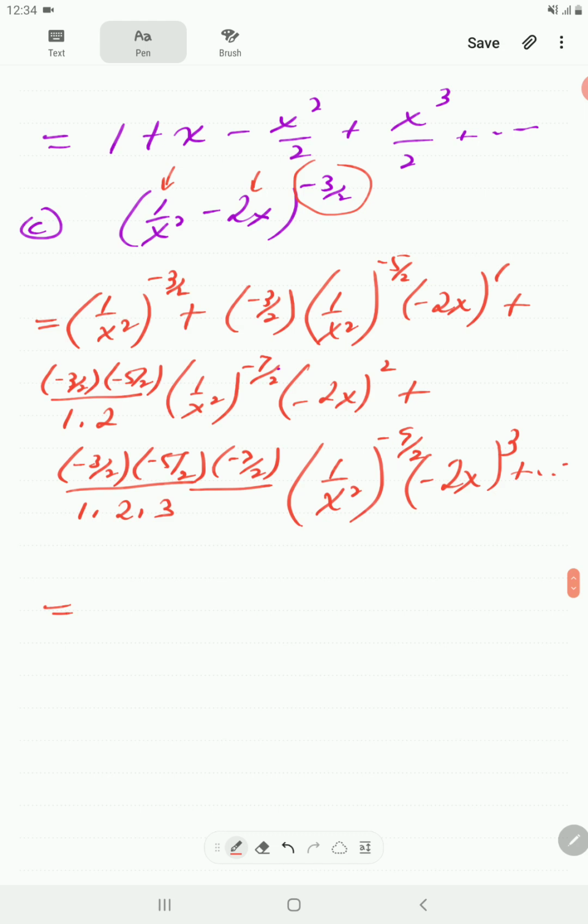Okay, then we need to simplify this. 1/x squared to the power -3 halves. We can actually write it just like this, and then we'll multiply powers. Then the second term is going to be actually positive, because we've got negative here and negative here. 3/2 times 2 is going to be 3.